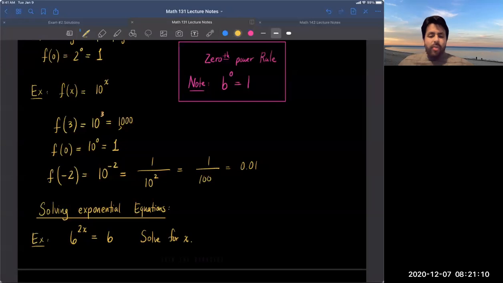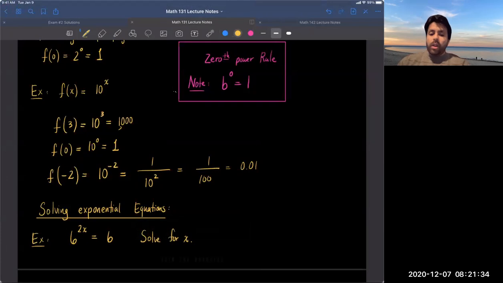Does anybody know how we can solve this? Wow, Coco, that's pretty good. Yeah, we're gonna talk about logs.